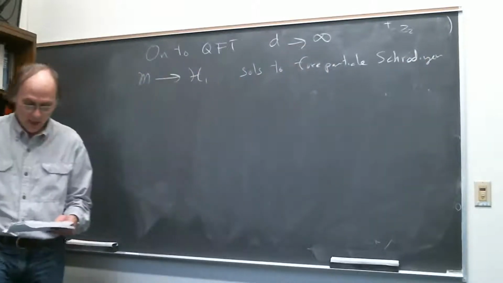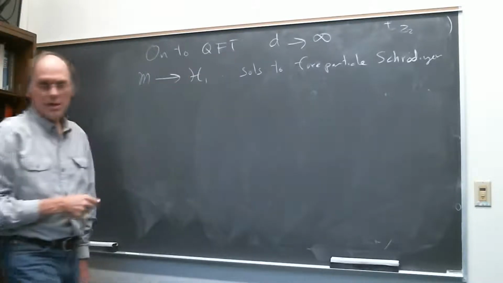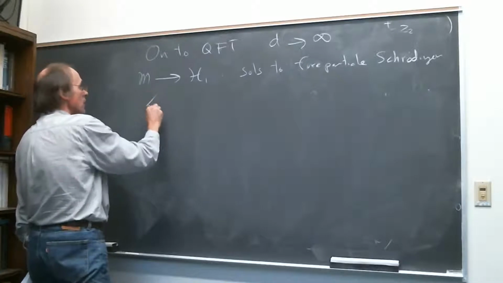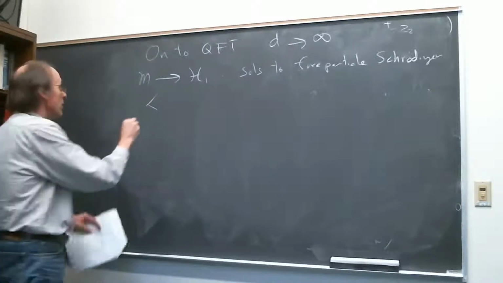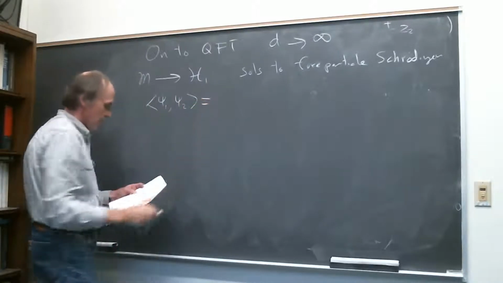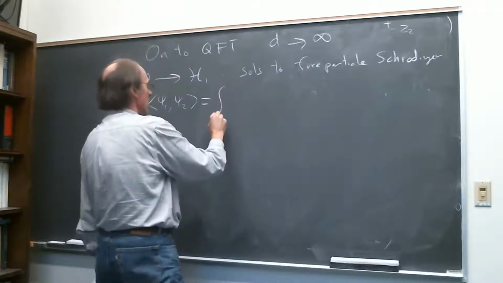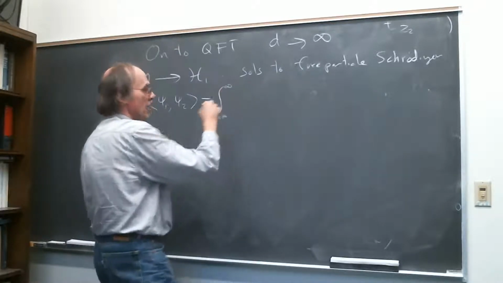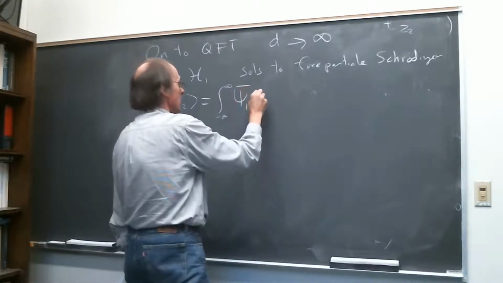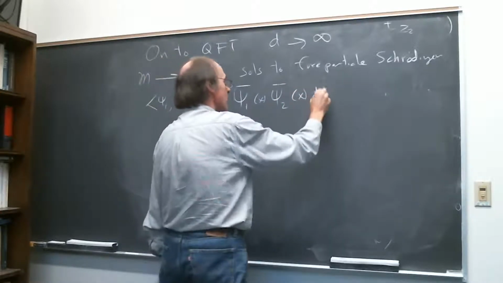One thing to notice about this is that you have this inner product: psi1, psi2 is equal to the integral, and again, it'll always be one spatial dimension for now, of psi1 bar of x, psi2 of x, dx.